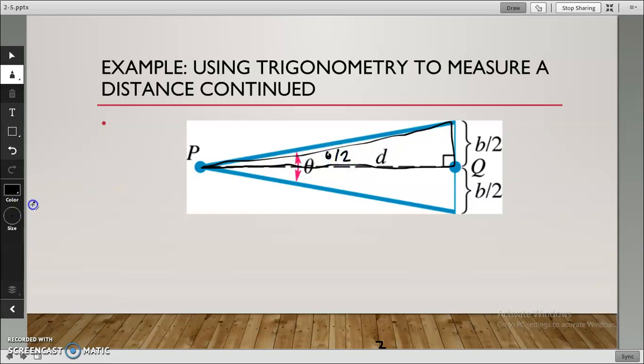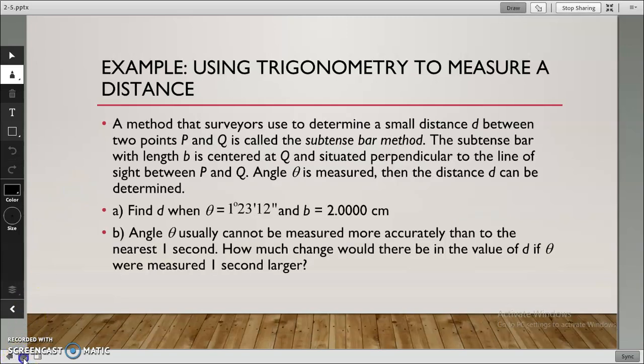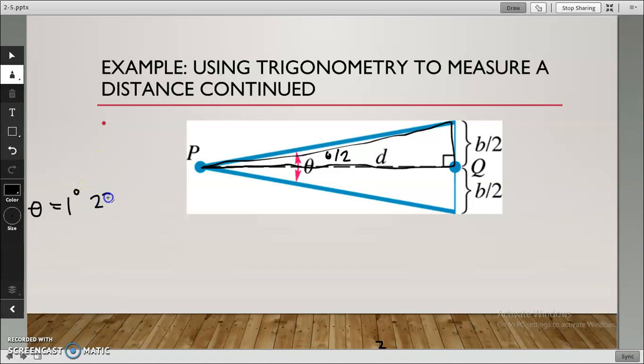And by the way, theta is given to us in degrees, minutes, and seconds. Well, it's 1 degree, 23 minutes, and 12 seconds. So I can't leave it like that. My calculator doesn't do it in minutes and seconds, so I'm going to have to change it to decimal degrees. So that's 1 plus 23 over 60 plus 12 over 3600.